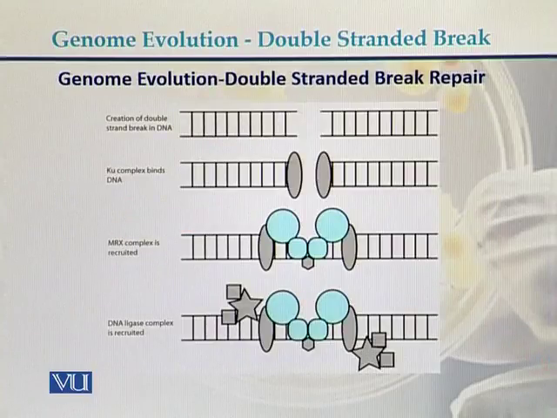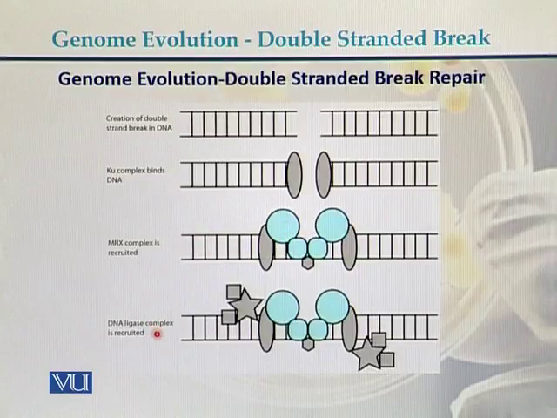This is another diagram in which we can see how double-stranded breaks are repaired. Here we can see there is a double-stranded break. This strand is broken and this strand is also broken. When there is a double-stranded break, the Ku complex binds to the DNA here. Then the MRX complex is recruited.